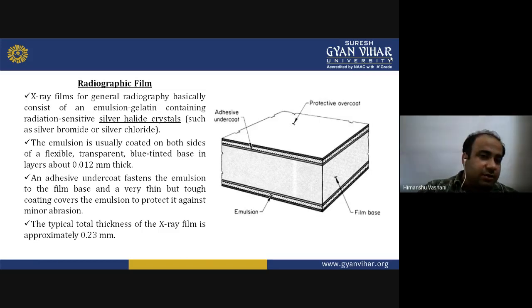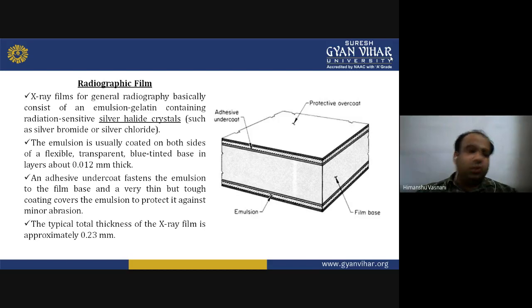The emulsion is usually coated on both sides of a flexible, transparent, blue-tinted base in layers about 0.012 mm thick. An adhesive undercoat fastens the emulsion to the film base, and a very thin but tough coating covers the emulsion to protect it against minor abrasion.